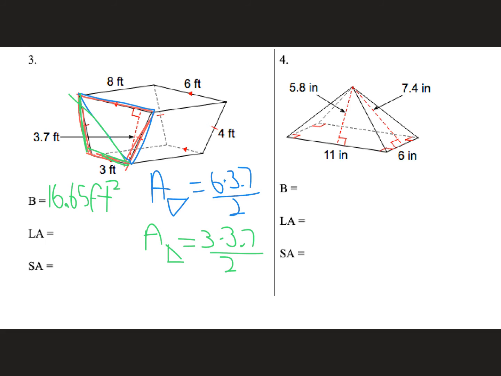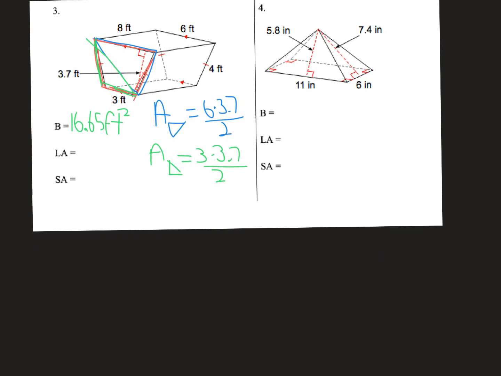And then the lateral area, those are all the rectangles. So the lateral area is maybe that top piece, which is a rectangle that is 6 by 8. The right-hand piece here is 4 by 8.